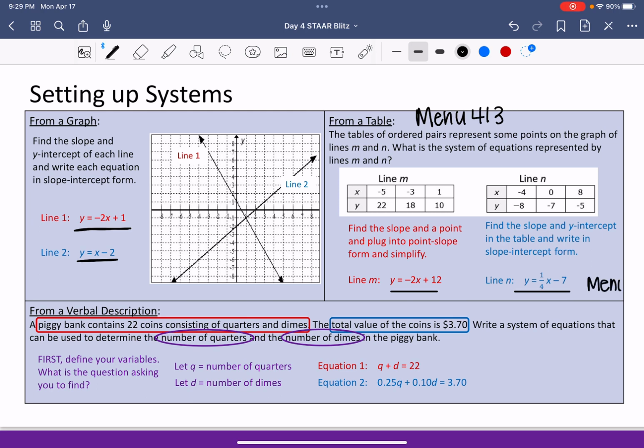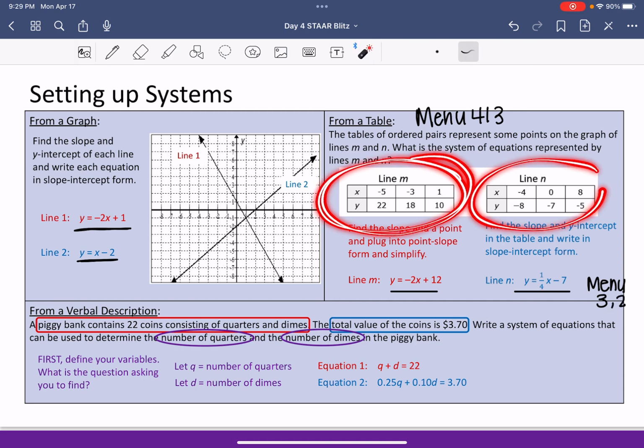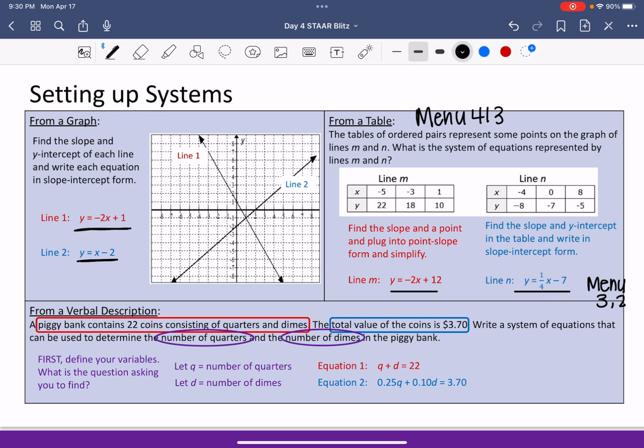So you will have a question like that on your assignment. It'll give you tables, and we want to know the equation of that line. Remember how we find equations of a line from a table: we use lists and spreadsheets, and we do menu 413.